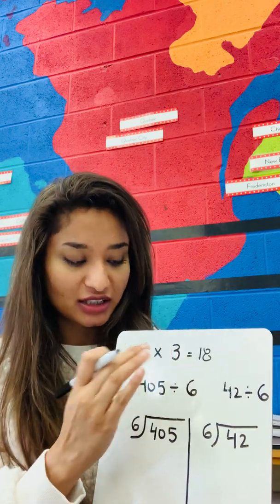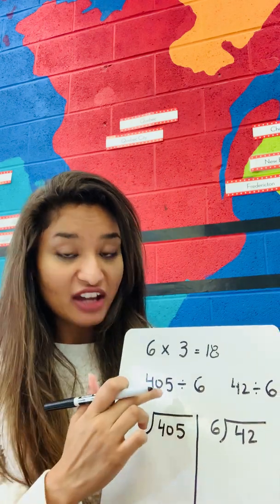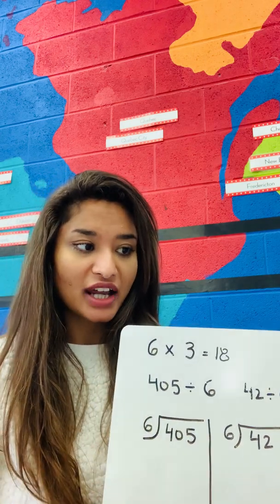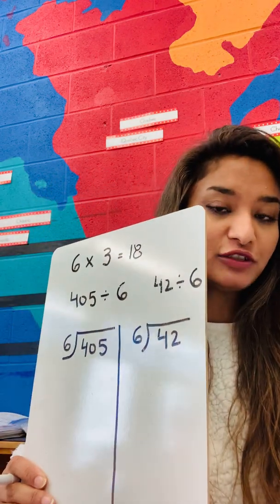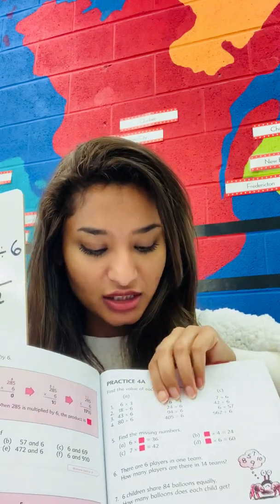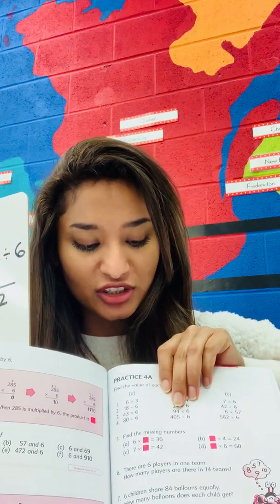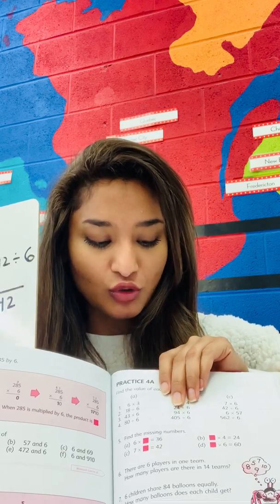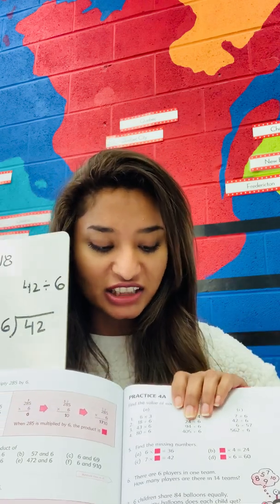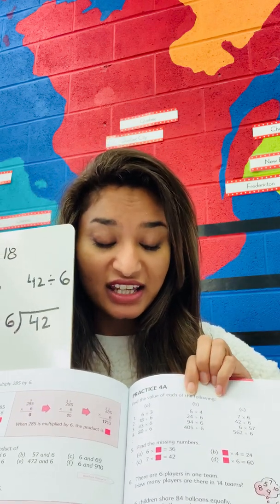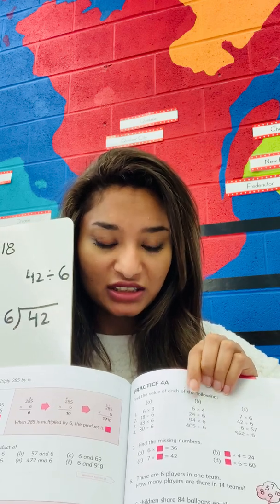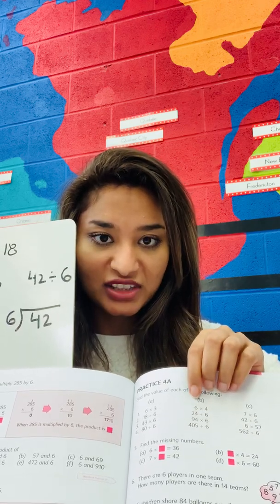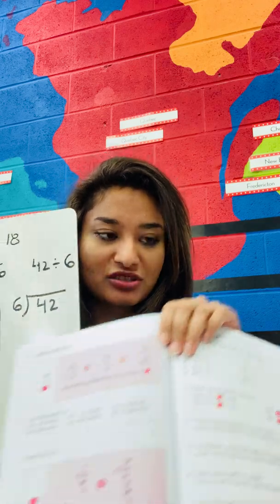We multiplied, right? Then we have a division problem. If you look, I am choosing this one to do with you guys in this video. So 405 divided by 6. It's in column B. It's the last question. Column B, last question.